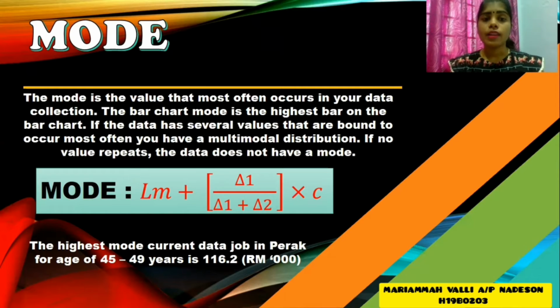If no value is repeated, the data does not have a mode. This is the formula for mode. The highest mode of current job data in Perak for the age 45 to 49 years is 116.2.